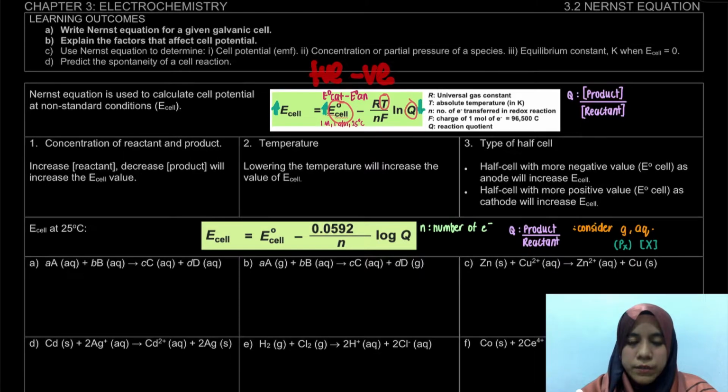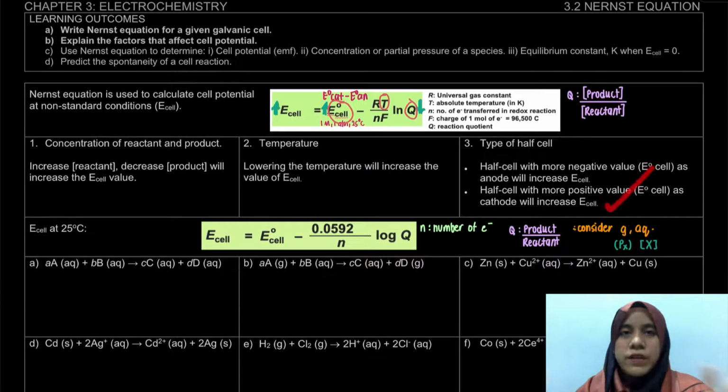So for example, if this value is more positive and this one is more negative, so what we get is actually the E°cell will get a higher value. So when the E°cell gets a higher value, subsequently, we will get the Ecell to be a high value as well. Okay, so that is the general factor.